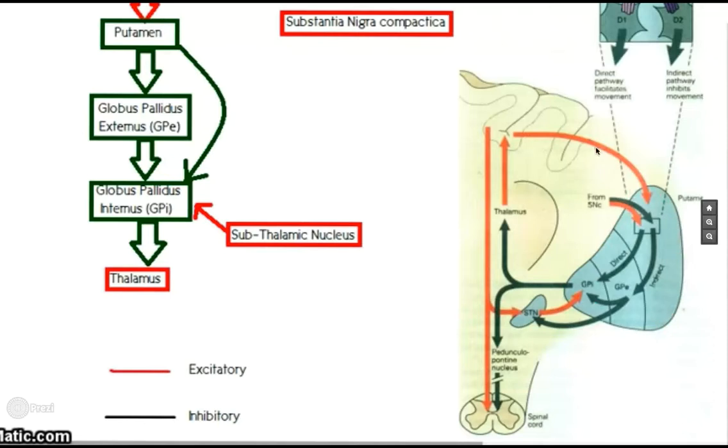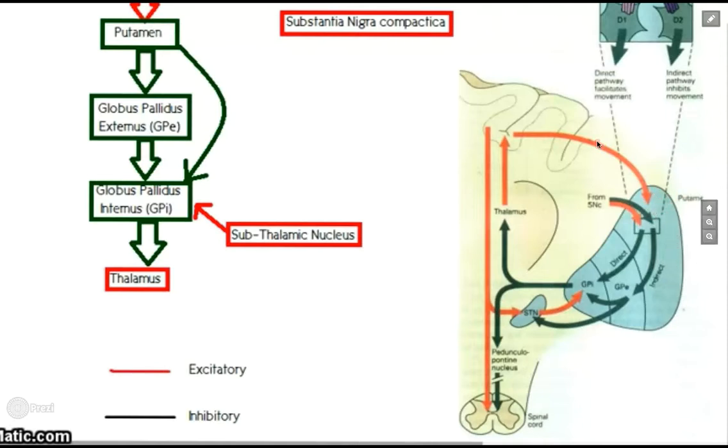This activation of the putamen is excitatory, and that's why it's in red. And then we also get some input from the substantia nigra, from the midbrain dopaminergic neurons. They also help regulate and activate the inhibition that comes from the putamen.